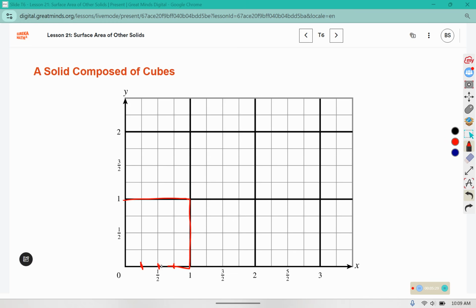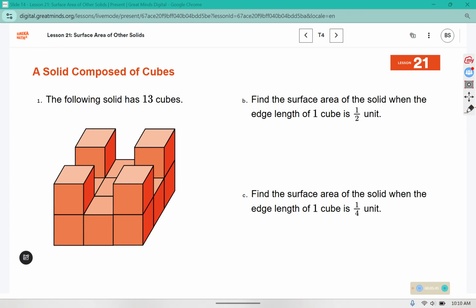Well, the area, there's 16 of them that fit into that square. So the area of each of these squares now, which is a 1/4 by a 1/4, is going to be 1/16. So we still have 46 squares on the surface, but the area of each square is now 1/16. Well, 16 fits into 46 2 times.